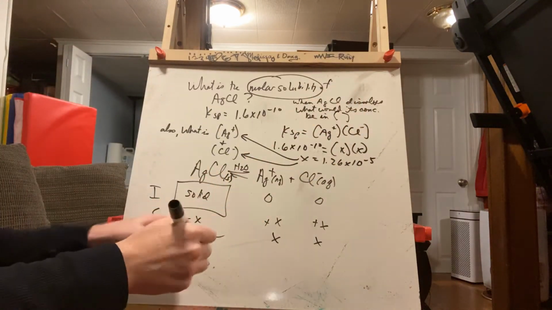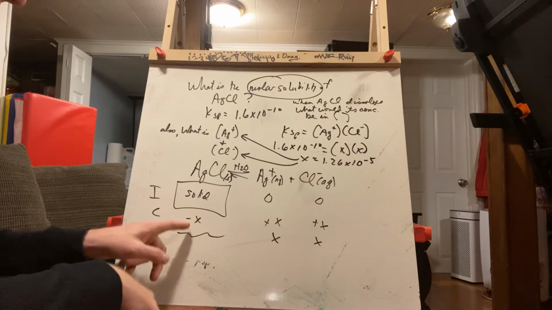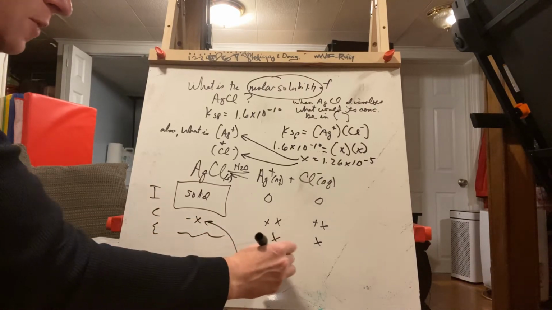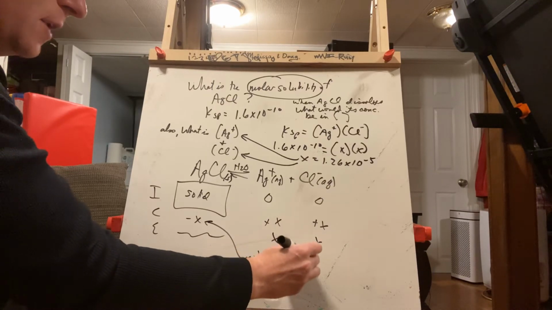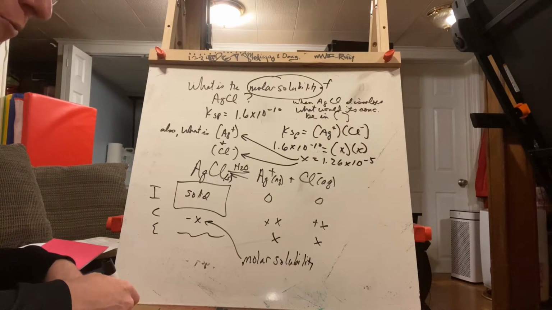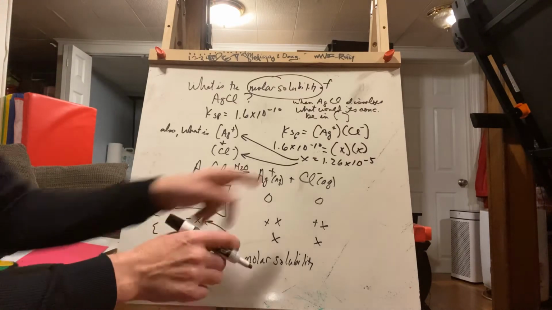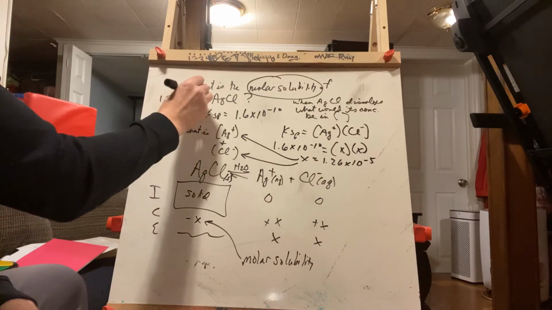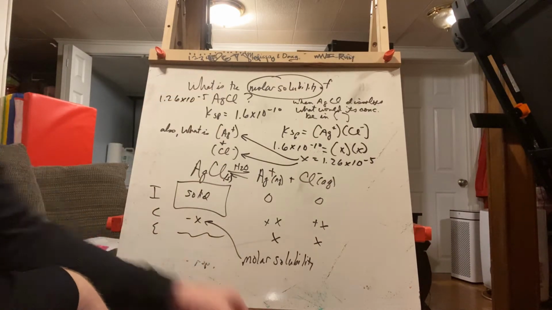And it turns out that it's always just this x. So this x is your molar solubility. Once you've solved for x, you've solved for your molar solubility. So actually, the answer to all 3 questions is 1.26 times 10 to the negative 5th. Now, let's get a little more complicated.